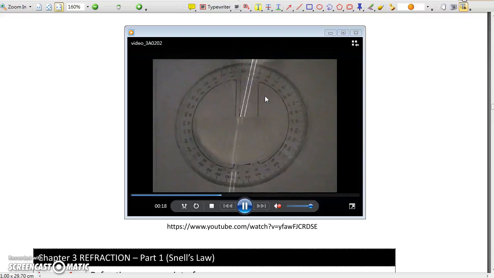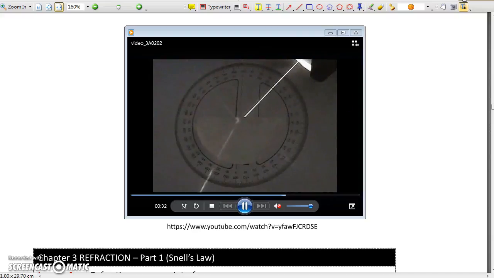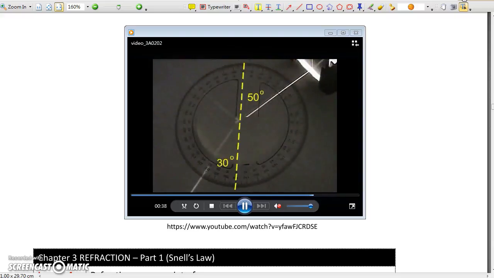The angle of incidence is measured in air, the larger angle here, and the angle of refraction is measured in perspex, the smaller angle here. These two angles are related by a formula called Snell's law. You must bring along your calculator in order to find the relationship between the angles.